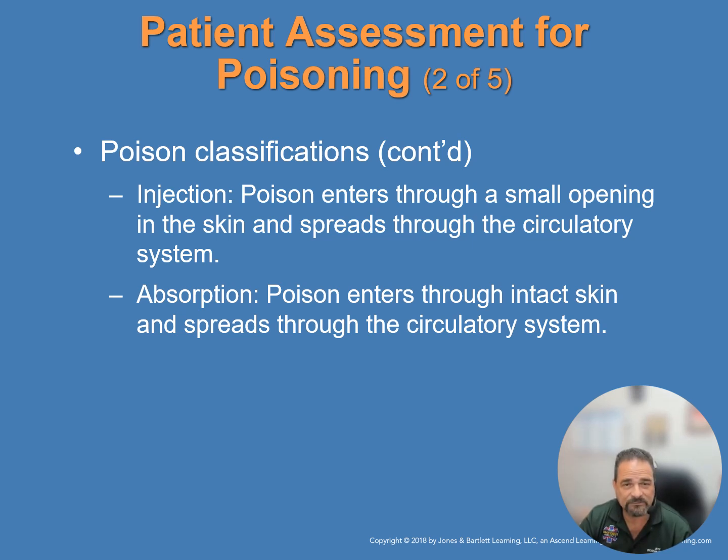It's when the poison enters through a small opening in the skin. It spreads throughout the circulatory system, usually causing some kind of widespread reaction, especially if the patient is allergic to whatever they were injected with. And then absorption is very simply where it enters through the intact skin. It gets on the surface of the skin, absorbs through, and causes the patient to become ill.